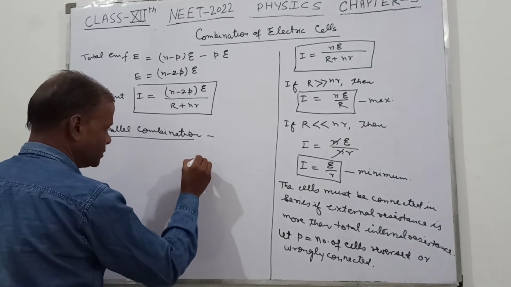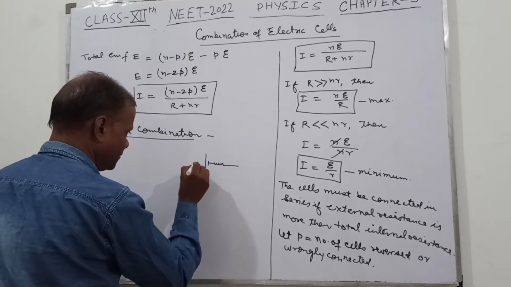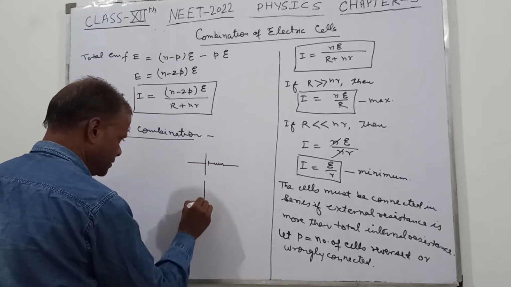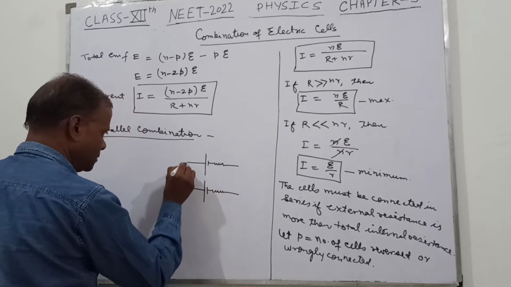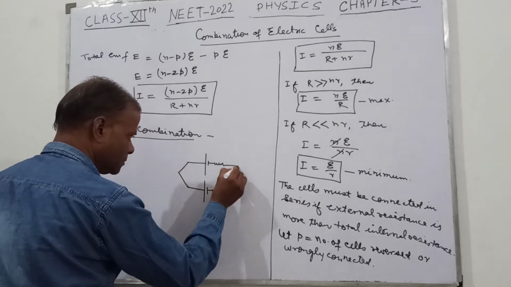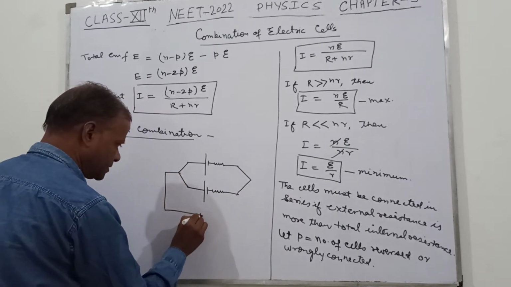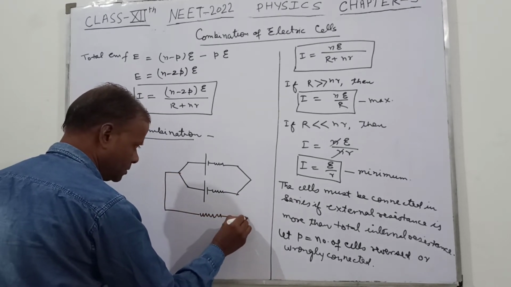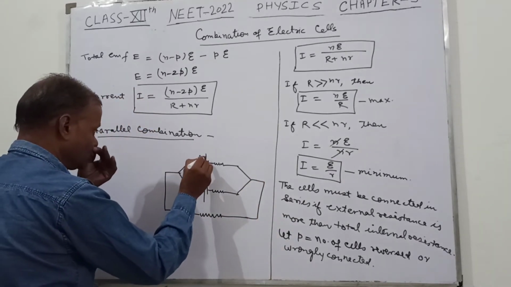This is now suppose a cell. This is another cell. Both are providing the current in the. This is now suppose positive.